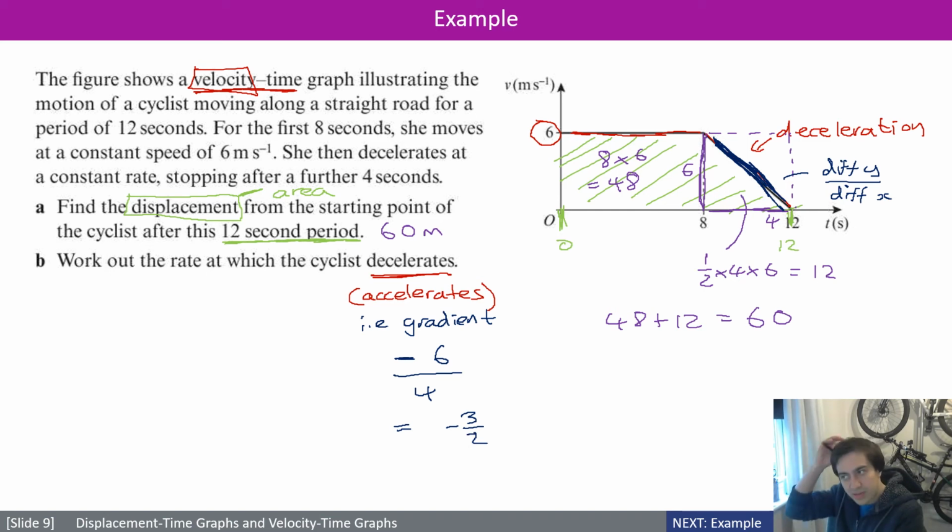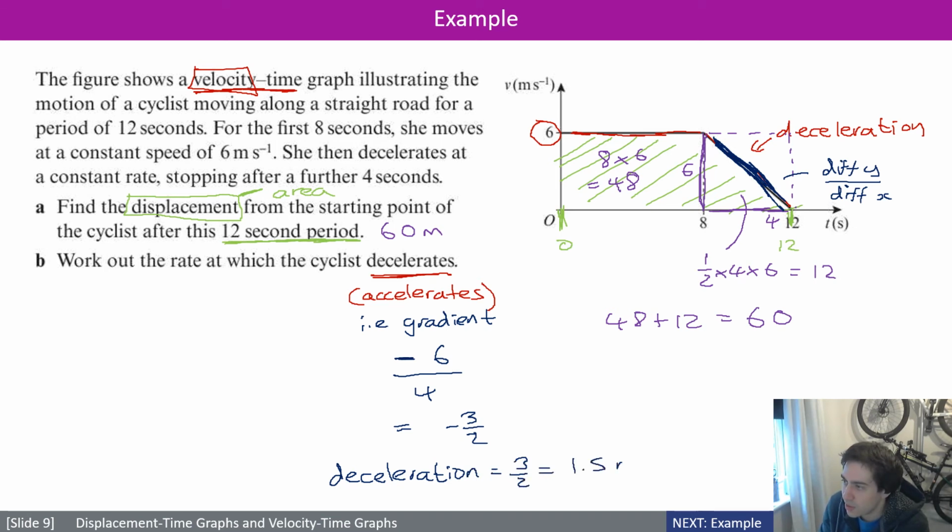However, technically the question asks what's the rate of deceleration, so we're just going to take away the minus sign, right? So the acceleration is -3 over 2, but the deceleration we'll say is just 3 over 2, which in this case is 1.5 meters per second squared.